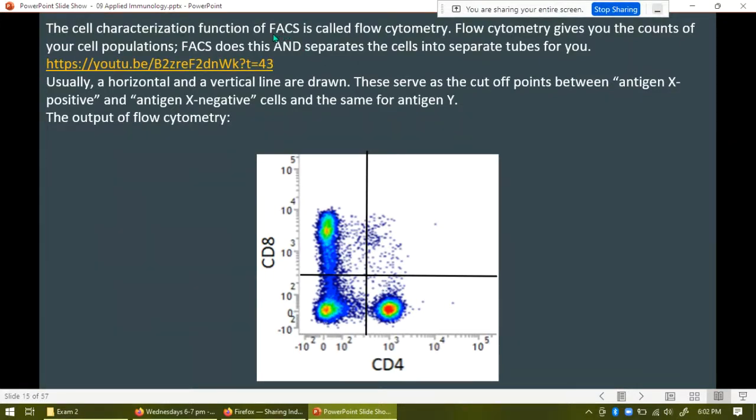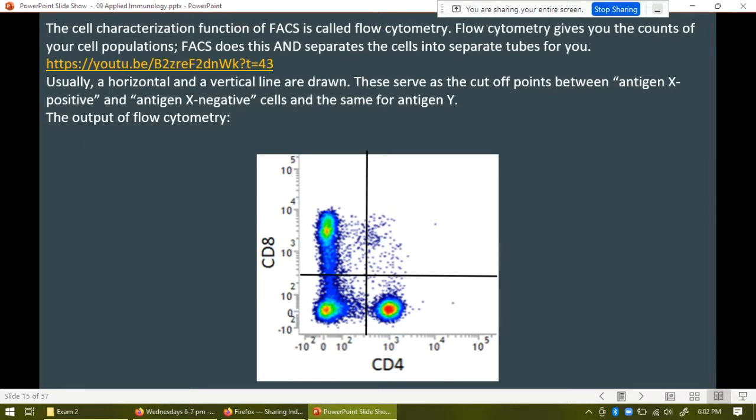But FACS stands for fluorescence activated cell sorter. And FACS takes the information from a flow cytometry and turns it into an ability to sort cells into different vials by giving cells an electronic charge and then pulling them with magnets into a specific tube as they fall.